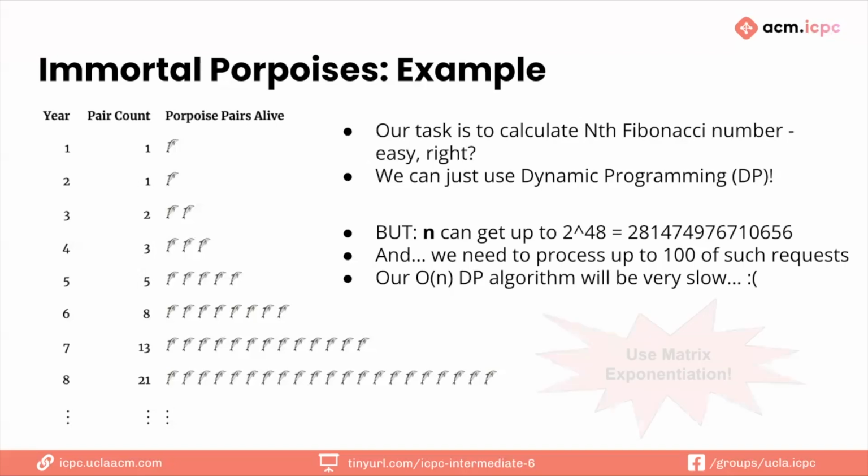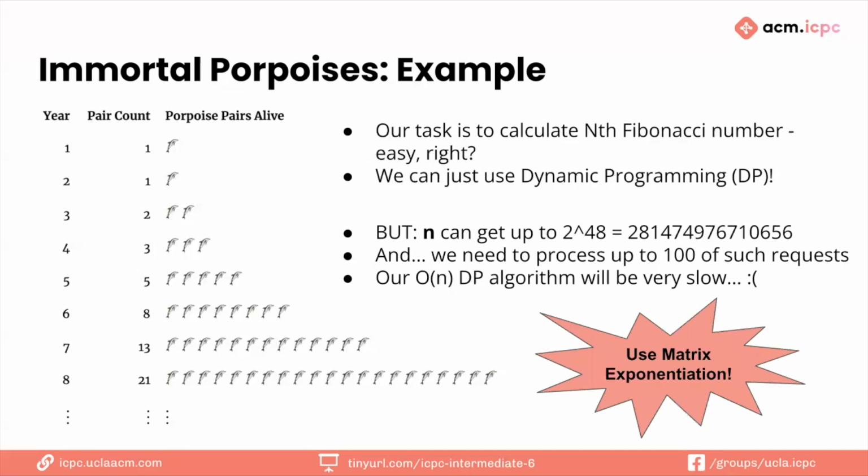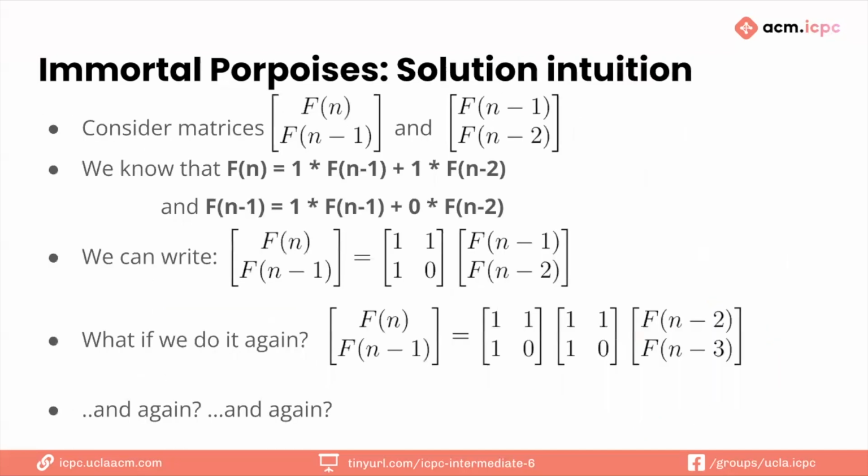We can actually use matrix exponentiation here. So let's try to build the recurrence matrix. Here you can see the simple recurrence relation for the Fibonacci sequence, where Fn is Fn minus 1 plus Fn minus 2. Since this recurrence relation has two terms, we're looking for a matrix of dimensions 2 by 1.